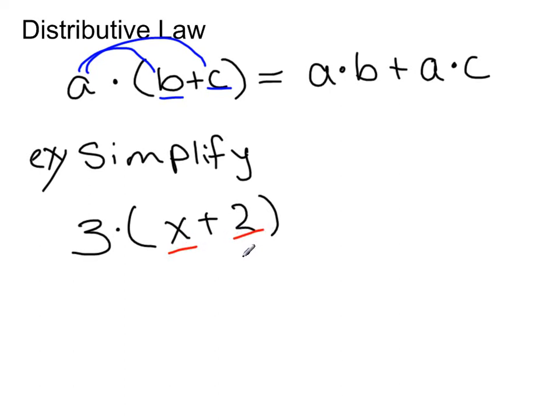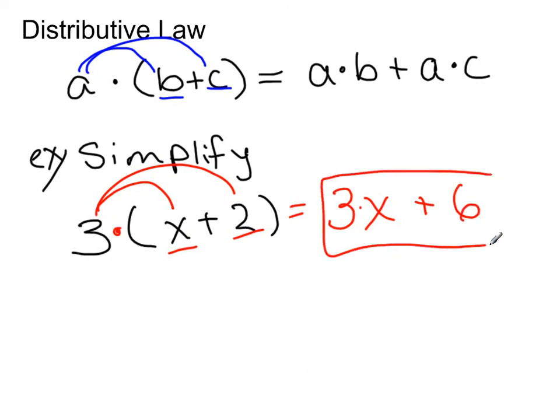They can't combine. So in order to manipulate this, we look to outside the parentheses, and there's that 3 times that x plus 2. We take that 3, and we distribute it to each term. So now we'll have 3 times x, which I can't do much with, it's just 3 times x, plus 3 times 2, I can actually do something with, is 6. And that's a more, I guess, simplified way to look at it. And that's all.